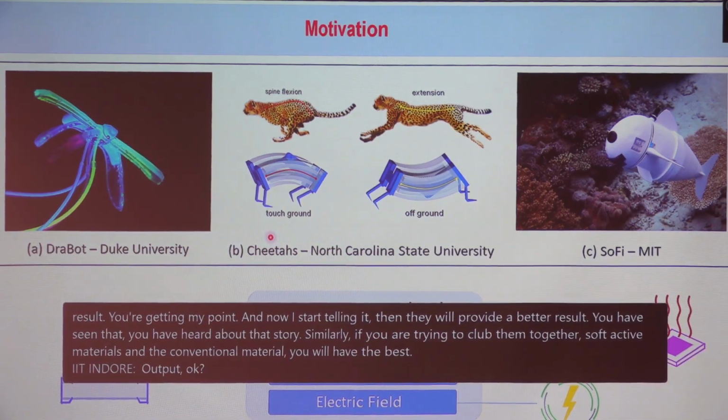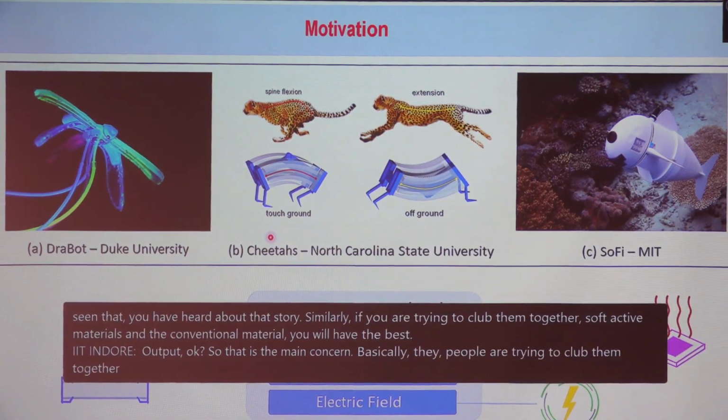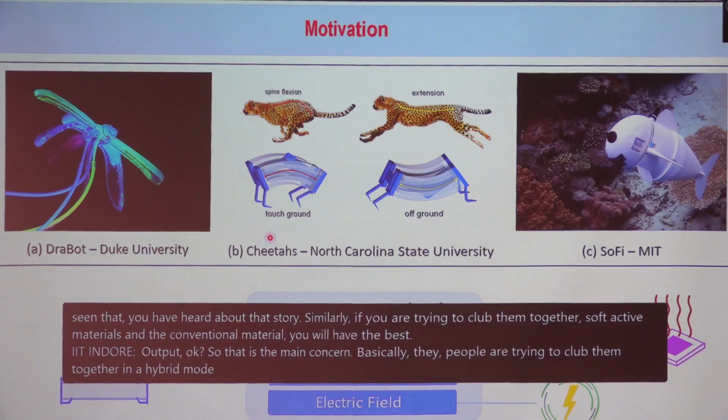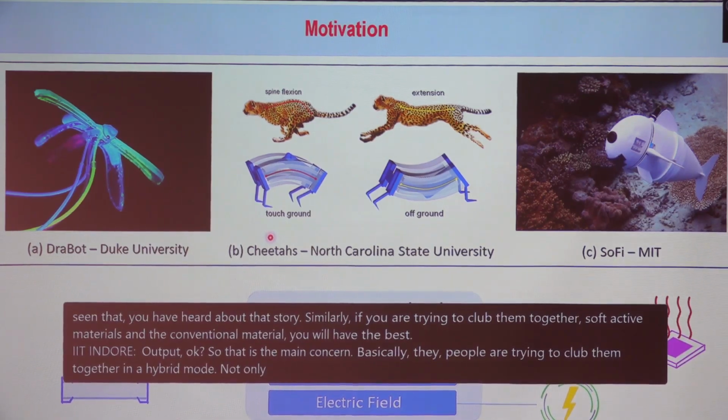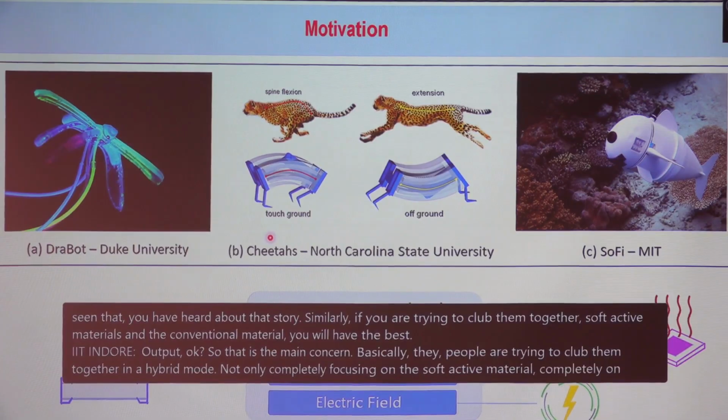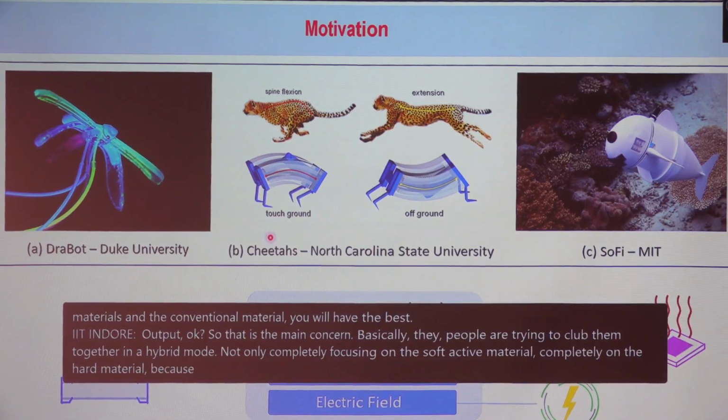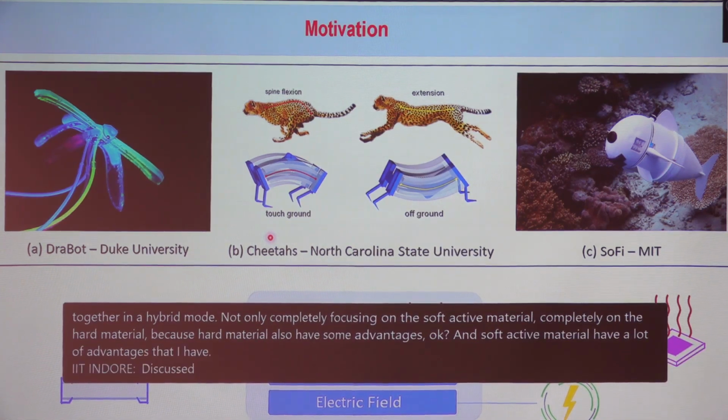So that is the main concern. People are trying to club them together in a hybrid mode, not only focusing completely on the soft active material, or completely on the hard material, because hard material also has some advantages. And soft active material has a lot of advantages that I have discussed. So if we club them together, definitely the output will be more compared to the individual parts.